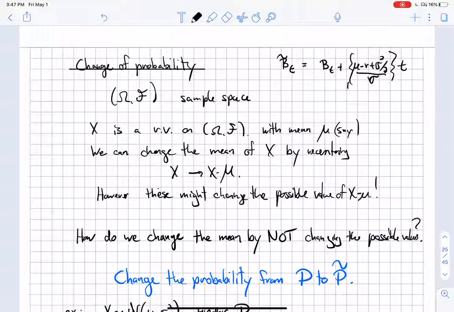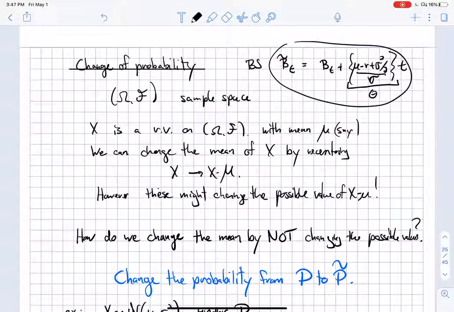So that's a constant drift theta. And what we want is to change the probability so that this Brownian motion with drift just becomes standard Brownian motion.